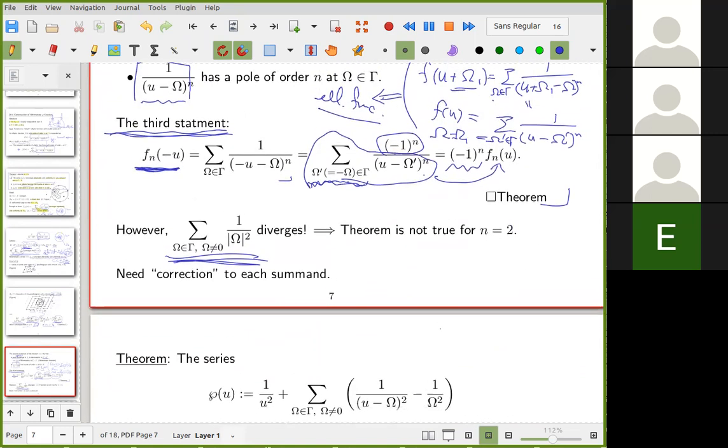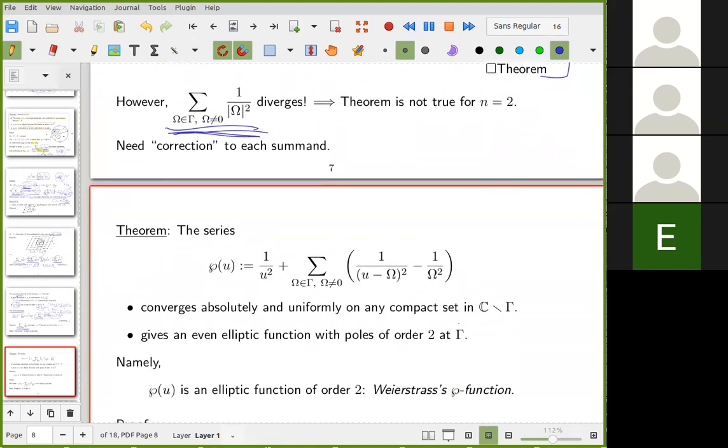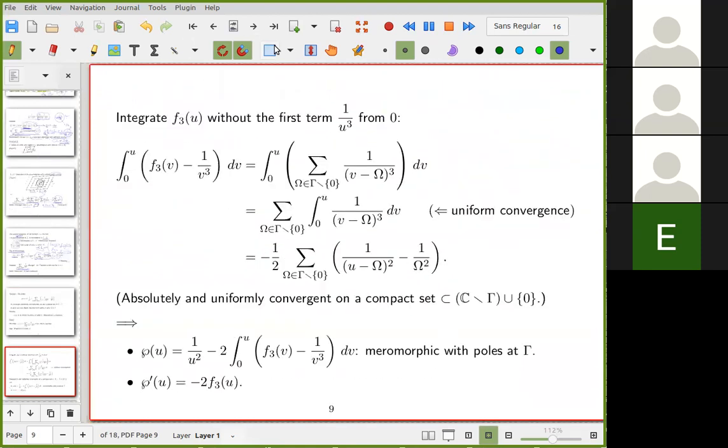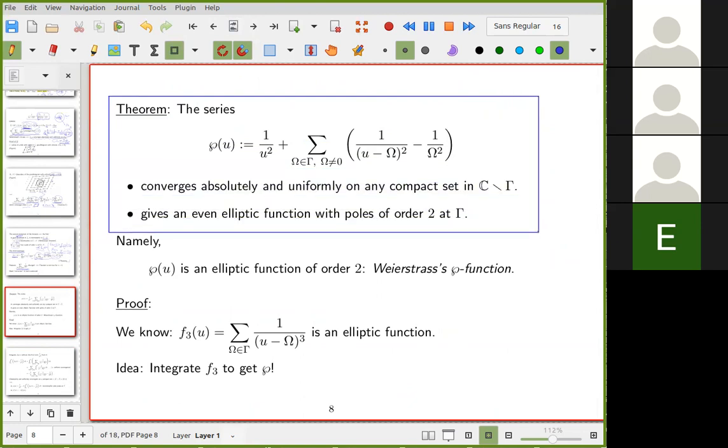Well, let's make use of one of these FNs and construct the Weierstrass function in this way.